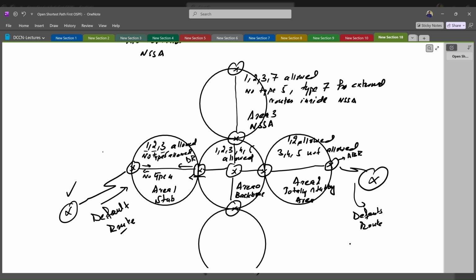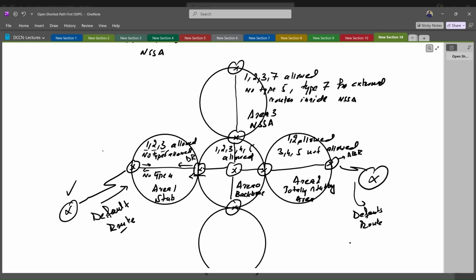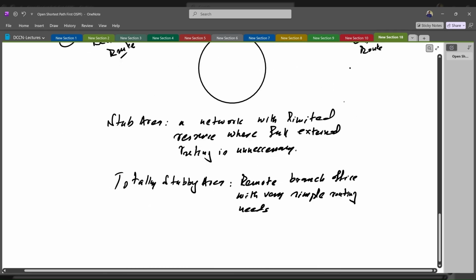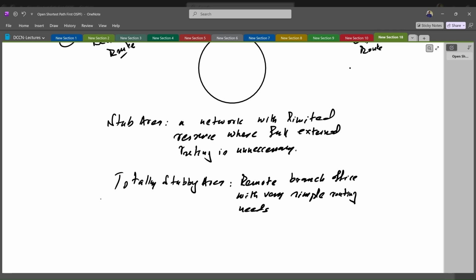So did you understand not so stubby area? 1, 2, 3 are allowed, 5 is not allowed in stub area, but in not so stubby area 5 is allowed in terms of 7. I mean, external routes are propagated inside NSSA using type 7, and then type 7 is converted into type 5. Okay, what can be the use case in which we can represent an area as not so stubby area, NSSA?